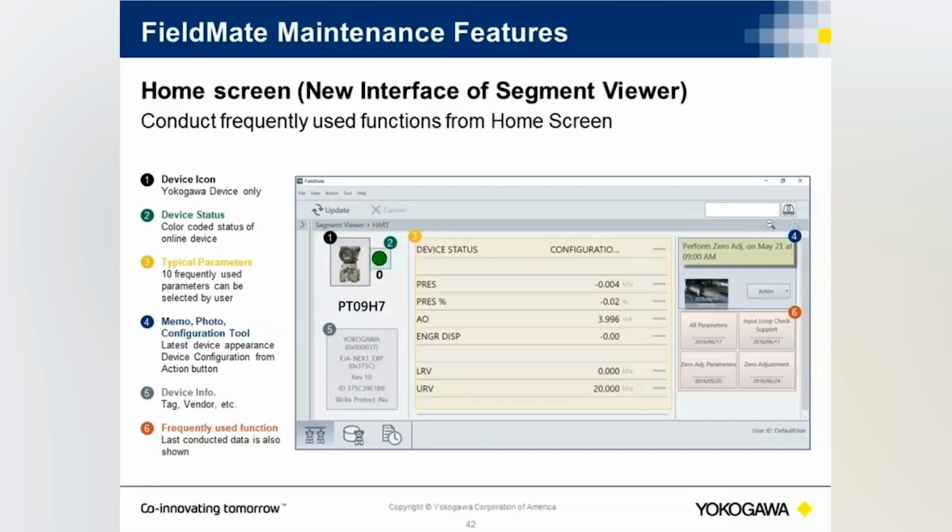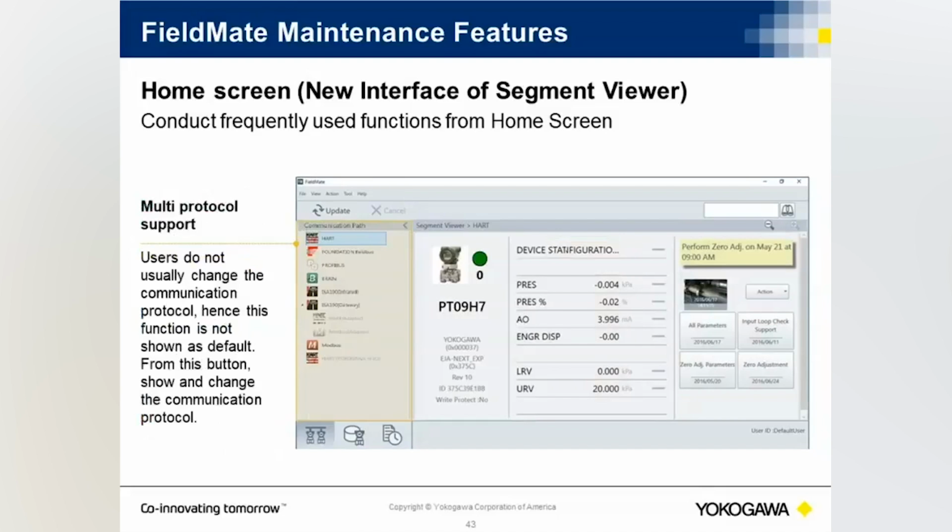It's currently reading close to 0, and it's outputting about 4 milliamps, so it's trimmed properly on the low end. You also see the URV and LRV that the transmitter is set up for. Other features also include being able to read the tag and the vendor of the transmitter.